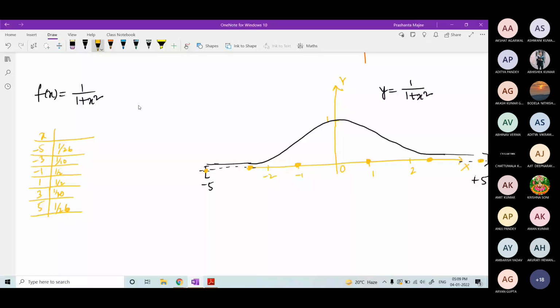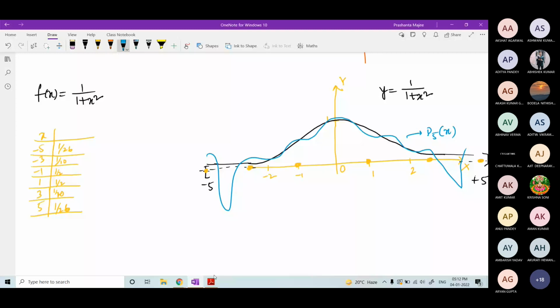The P10(x), the 10-degree polynomial, will be following the curve y = 1/(1+x²). But at the beginning and at the end, there will be a fluctuation. You can see the scenario from this PDF. I plotted it wrongly, but you got the idea. There will be a fluctuation, you see, at the beginning and at the end.